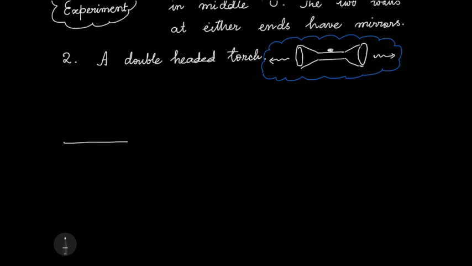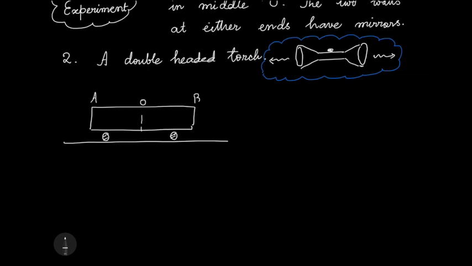So let me draw the train now. It's the best I can draw a train, two wheels. These set of observers are on the train. This is not a wheel, this is that O, and then the ends I call A and B. So there is a set of observers on the train. This is the person who is throwing the light beam on either side.